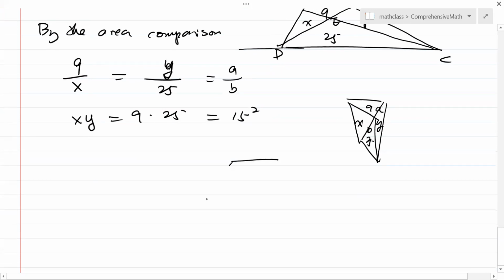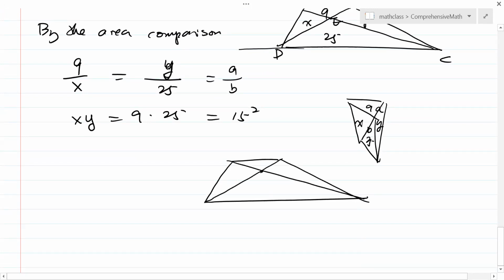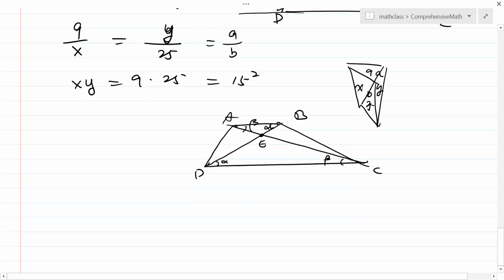Okay, this is a trapezoid. So this angle equals that angle, here's alpha, and that beta equals that beta. So this is A, B, C, D, and E. So what does that mean? That means the top triangle is similar to the bottom triangle.